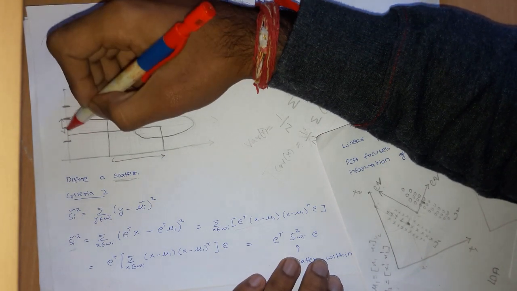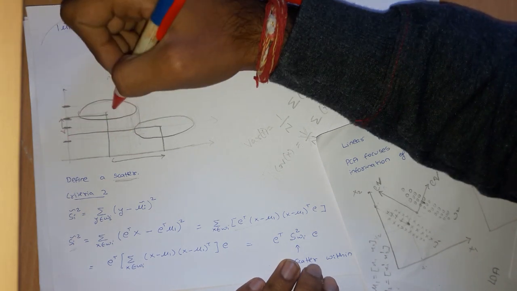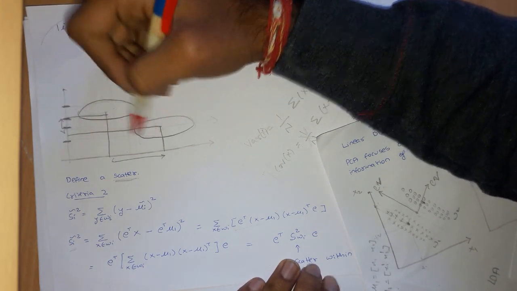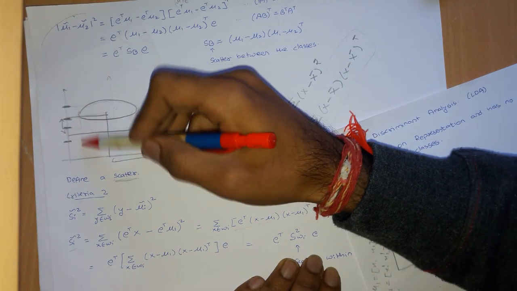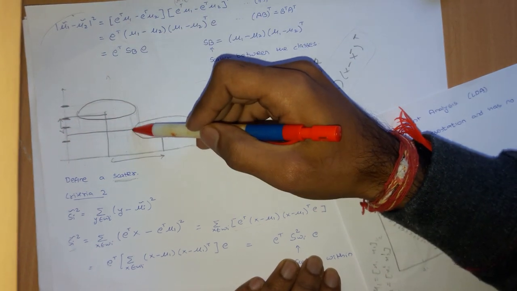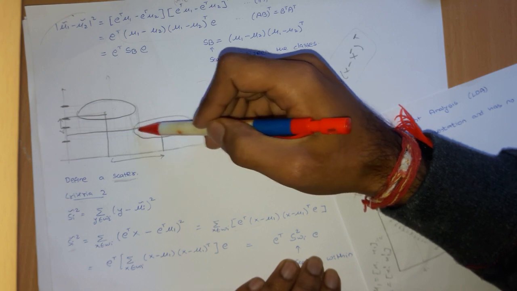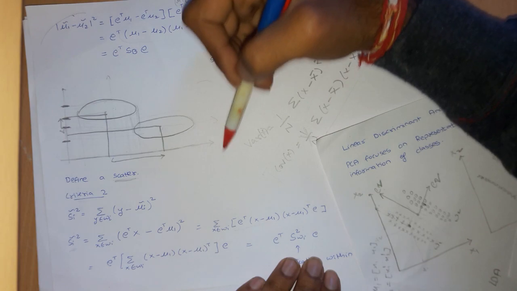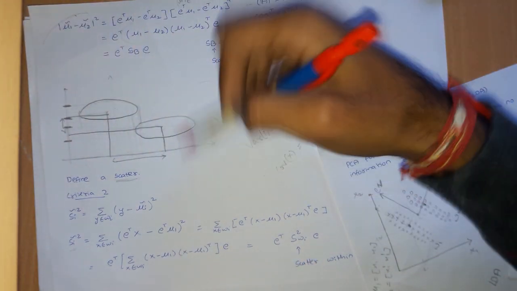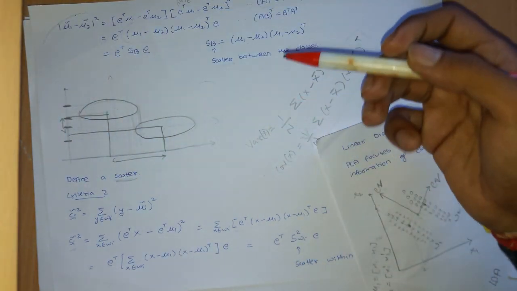So this is the scatter for this particular class, and this is the scatter for this class. So we see that we need a minimum scatter, because if we maximize the scatter, the classes will overlap on the transformed space. The axis on which I am projecting the data becomes my transformed space, right?